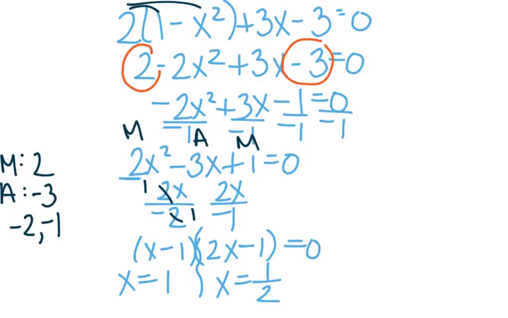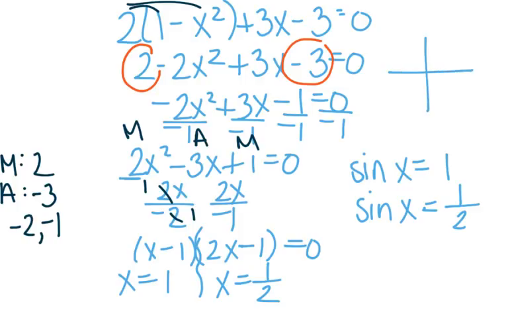Okay, I've solved it, but I have to go back and remember that we had done a let statement. x is really not just x, it's sine x. So now I plug the sine x back in, and I have to figure out again at what angles these values will be true. If I think about my unit circle, I've got those four important points. This is my 1, 0.